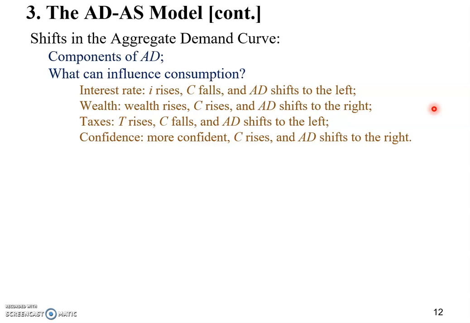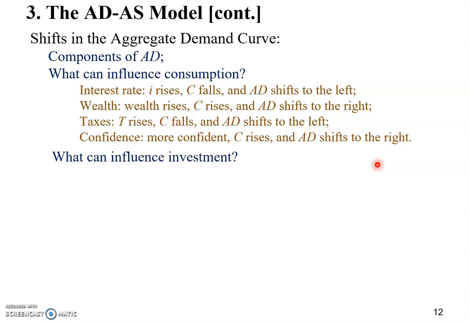So here, if households believe that the future economic situation is going to be better, for example, they're going to make more money, or their jobs are going to be more secure, then they would spend more at this moment. Of course, there are many different ways to finance their current consumption with their future income, right? Credit card would be a pretty classical example. So the consumption would go up and AD shifts to the right.